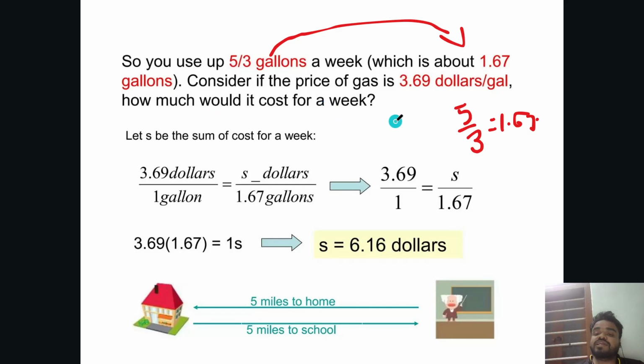Here we are calculating cost. Previously we were just calculating the number of gallons we need per week and per day, but here we are calculating the cost of the gallons. Let's find out.